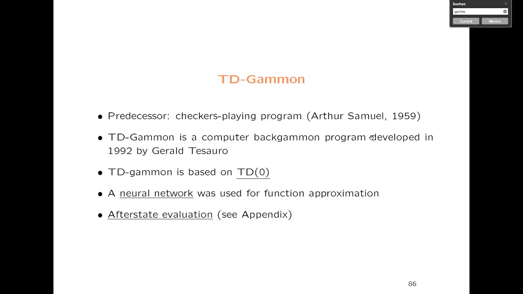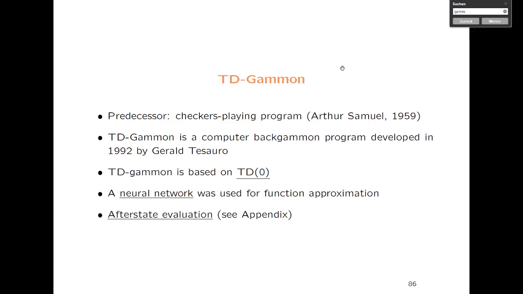One of the early really important breakthroughs was TD-Gammon. Before that, there was the checkers playing program from Arthur Samuel in 1959. I remember he was there at the Dartmouth workshop where AI was formed.